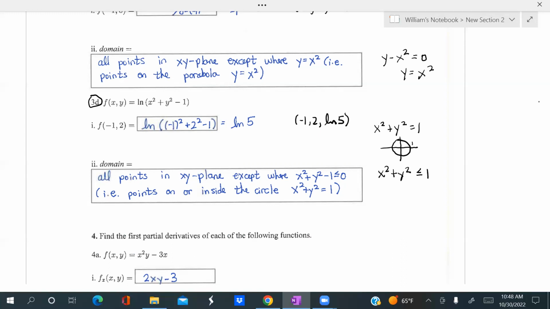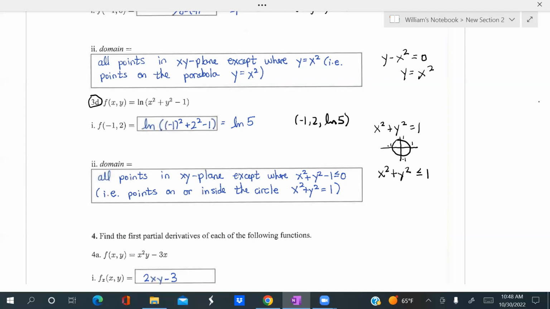So this would be 1 on the x-axis, this is -1 on the x-axis, this is -1 on the y-axis, and here we're up at +1 on the y-axis. So these points on this circle make x squared plus y squared exactly equal to 1. That means the points inside the circle, or on the boundary of the circle, are going to make x squared plus y squared less than or equal to 1.